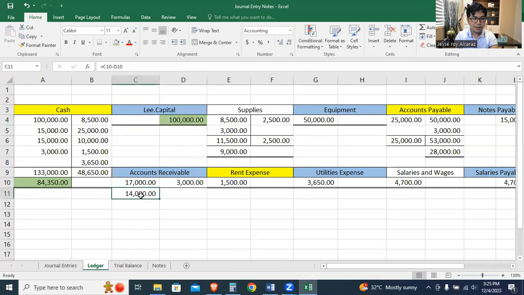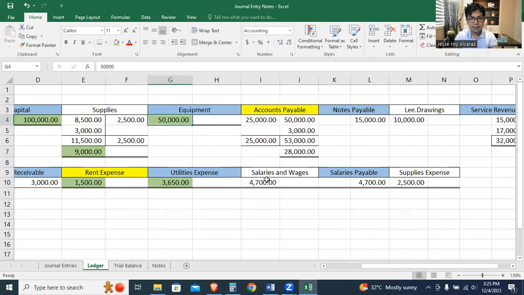Okay, take note of these balances, because these are the balances that we will be forwarding to our trial balance.